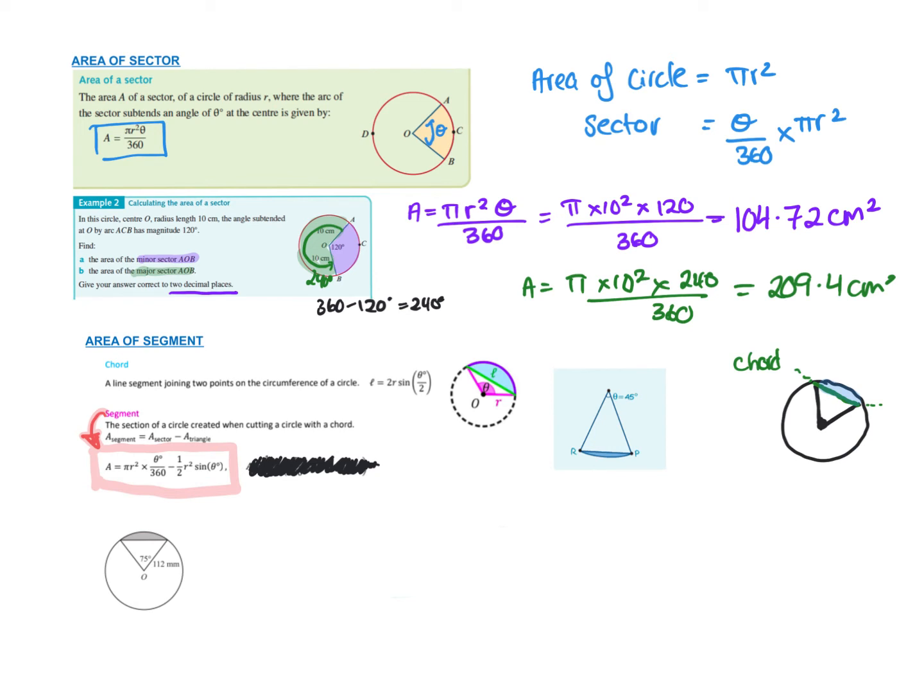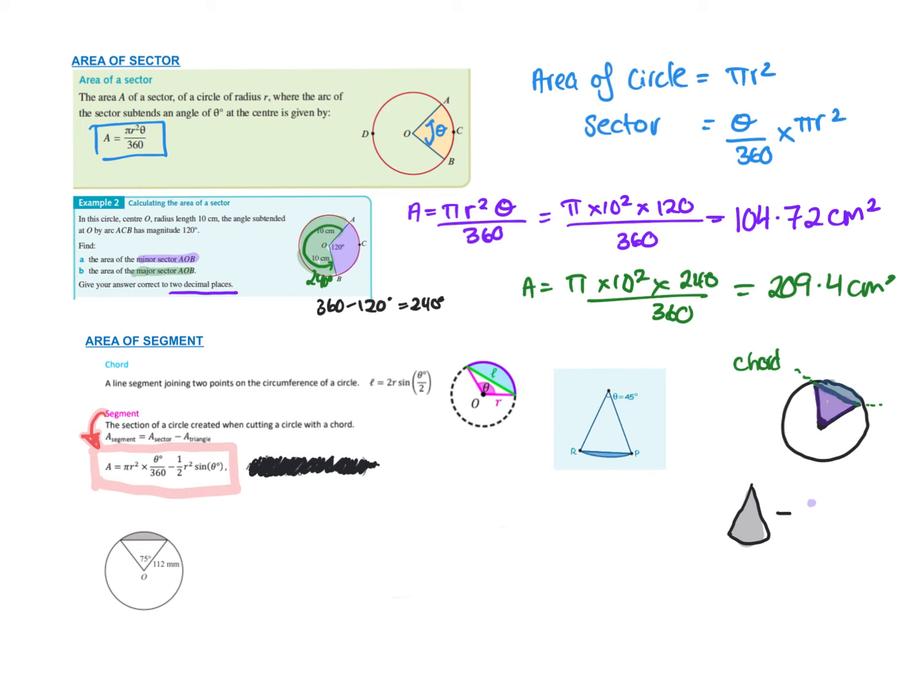I like this one because you can see, if I highlighted that whole bit, I would have an area of a sector. Now, if I minus the area of that little triangle that's formed in here, see how when you cut off, you get that triangle.